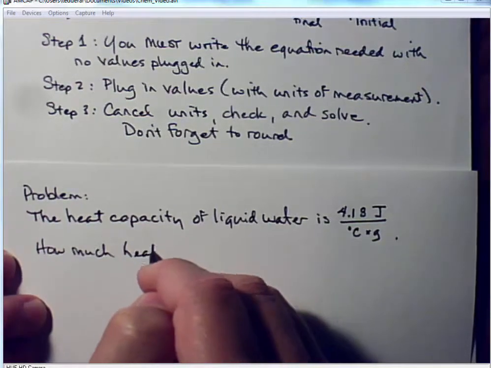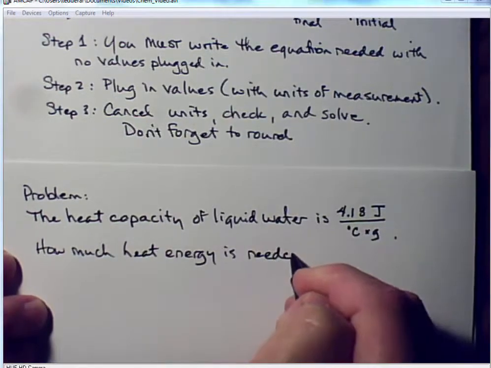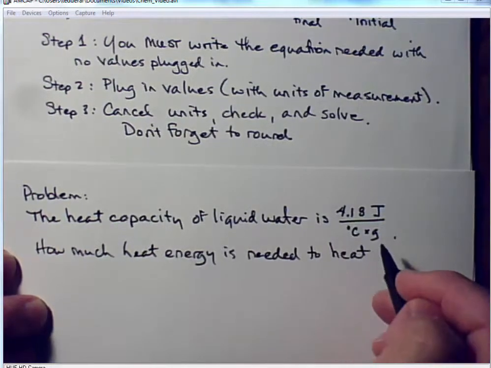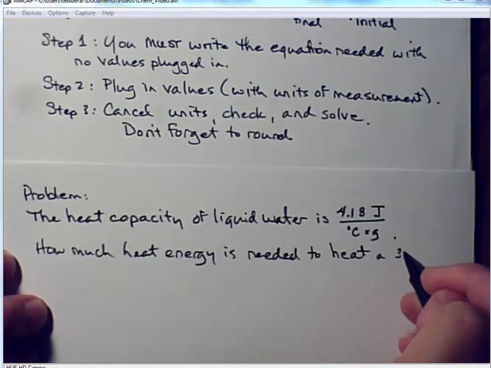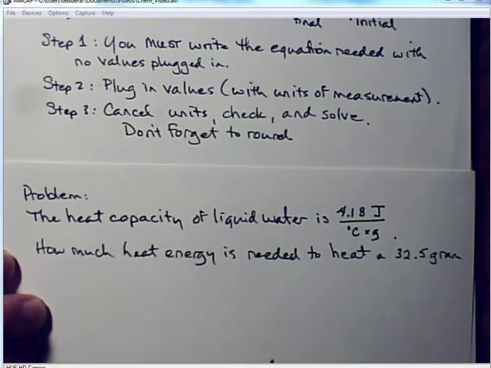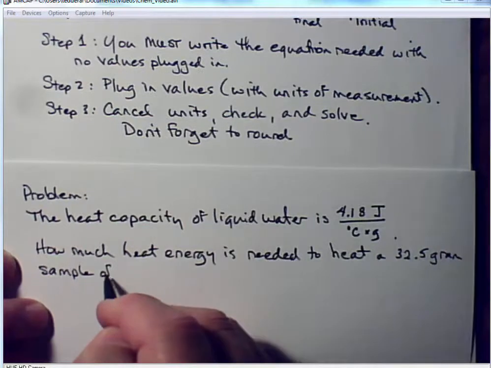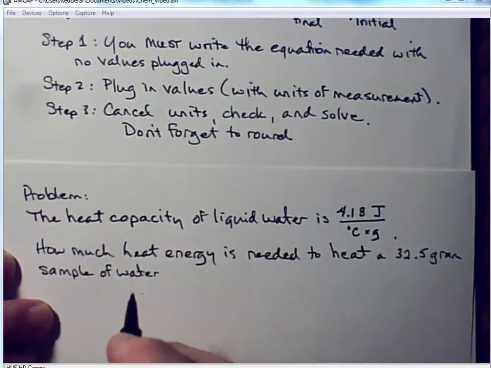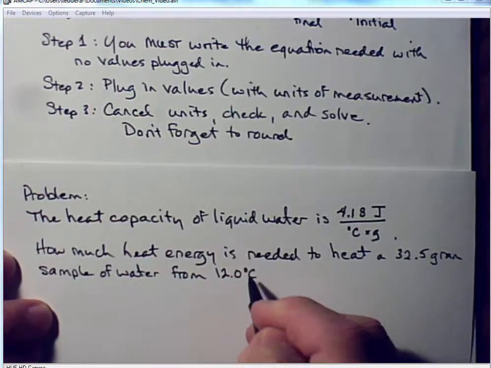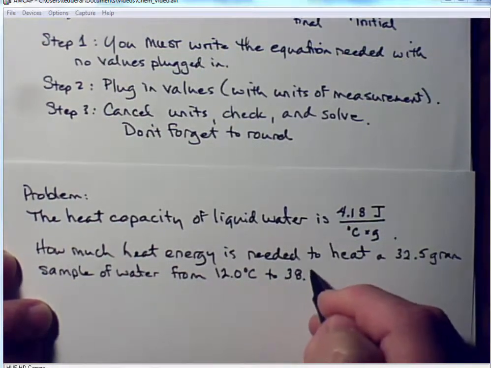How much heat energy is needed to heat a 32.5 gram sample of water from 12.0 degrees C to 38.4 degrees C.